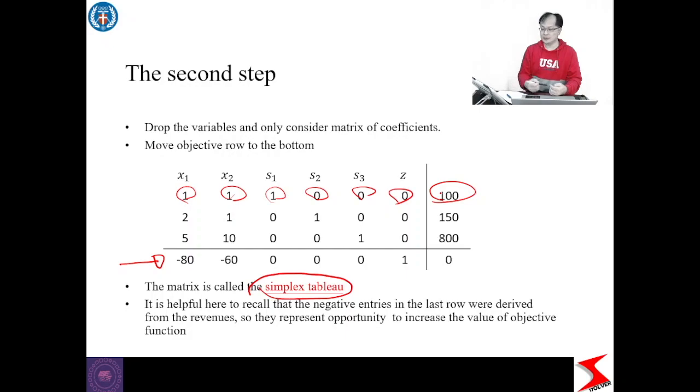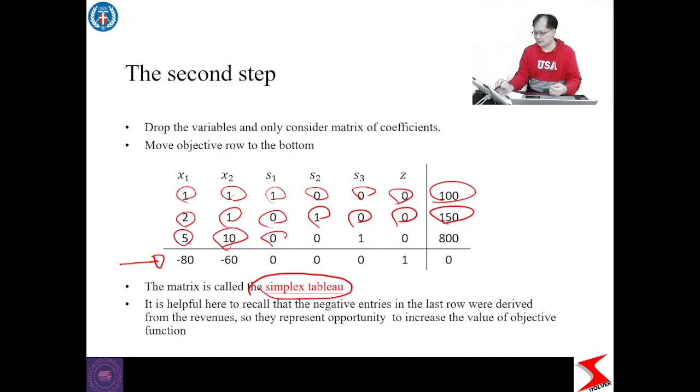For the labor day, the coefficients are 2, 1, 0, 1, 0, 0, and the right hand side is 150. For the cost constraint, the coefficients are 5, 10, 0, 0, 1, 0, and the right hand side value is 800. As for the objective function, the coefficients are minus 80, minus 60, 0, 0, 0, 1, 0.